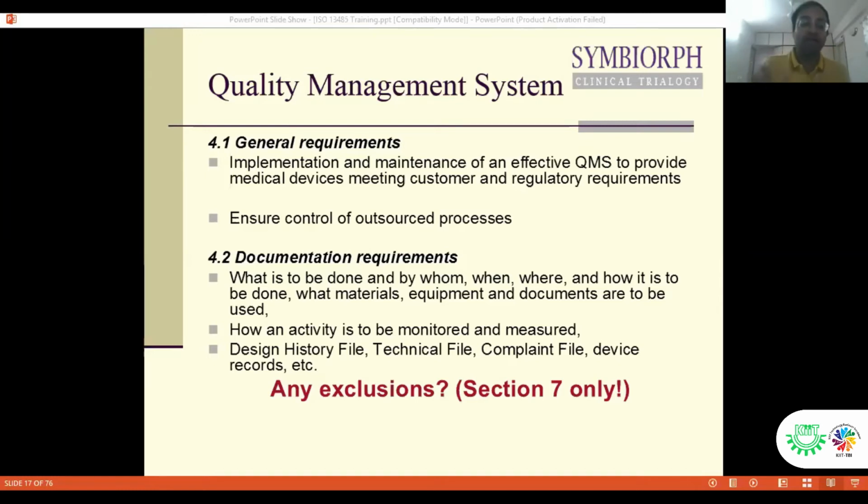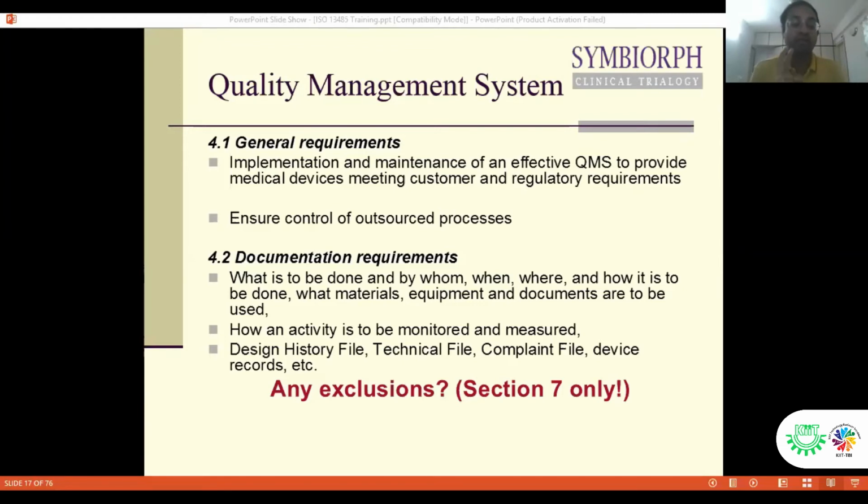Accordingly, you have to do the assessment of that external manufacturing company pertaining to the requirement of ISO 13485, that whether the company to whom you are outsourcing the manufacturing activity has complied with all the requirements of 13485 or not, or whether they have the 13485 certificate or not.